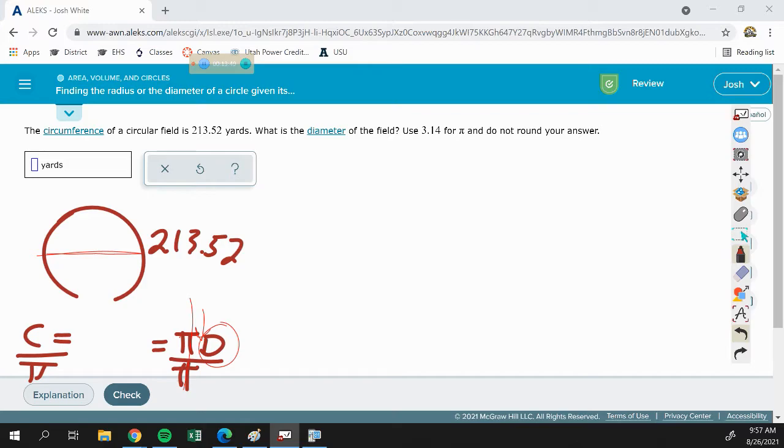Cancels. So apparently, c over pi is d. So I just take 213.52 divided by 3.14, and I'm done. Is my answer going to be in yards or square yards? Yards. The answer I want is a distance. So my answer has to be in the form of a distance.